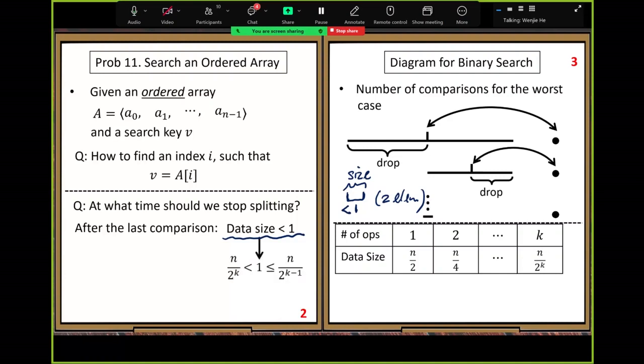Then, the formula expression for the current data size is n over 2 to the k. The current data size is strictly less than 1, but the data size after the previous split, the previous one, should be greater than or equal to 1.